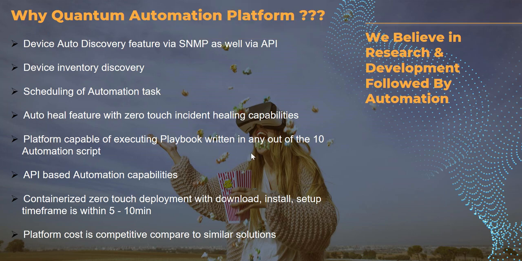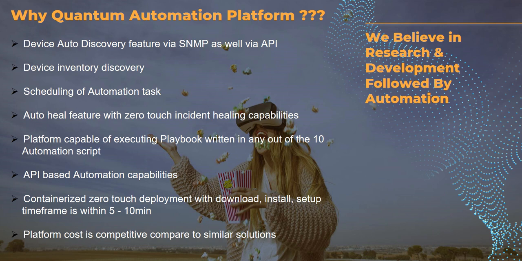Okay, so why quantum automation? This is a very interesting question. Let me repeat in a short note what we have discussed so far: it does auto discovery via SNMP, with CDP and LLDP. It has the feature of inventory discovery. Automation scheduling of tasks is possible.